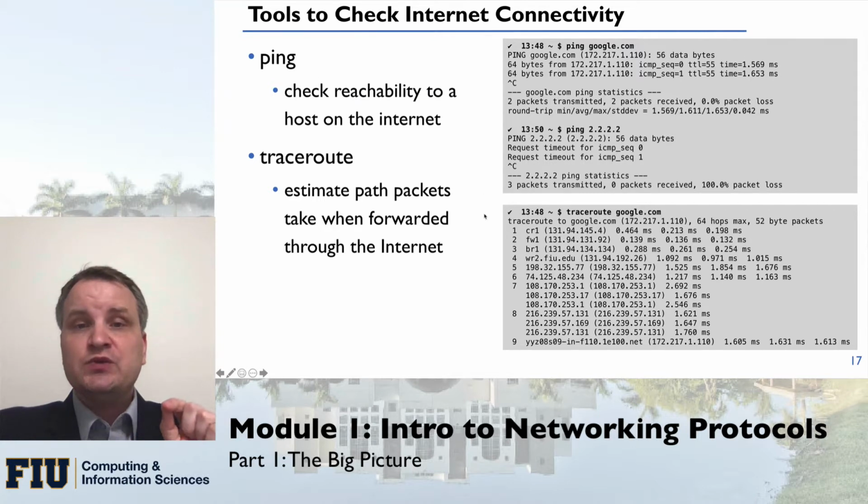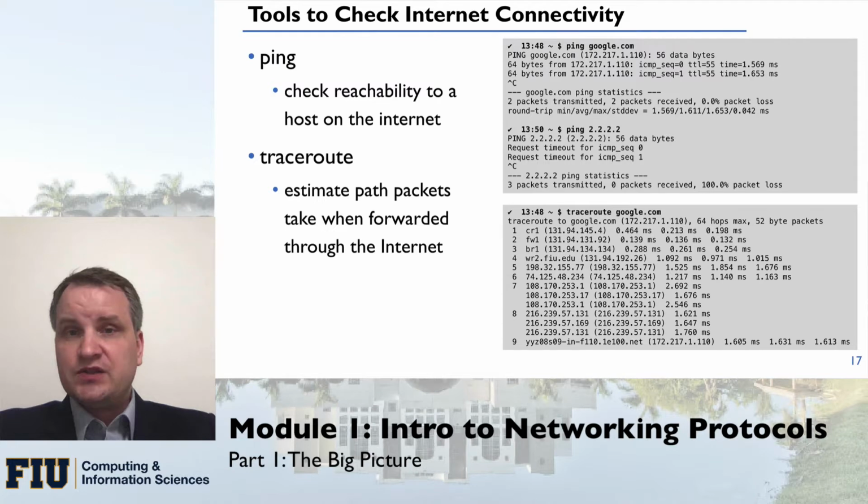With the ping tool, you can check if you can actually reach a specific destination. And by destination, I mean a node of the network. You can either specify the host name, or domain name, of that node, which will be converted to the IP address using the DNS system, and that will check connectivity to that IP address. Or you can specify the IP address directly.